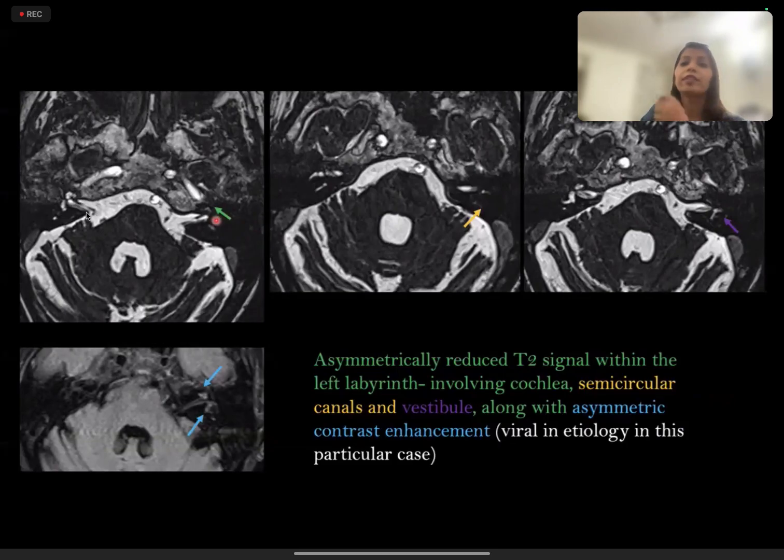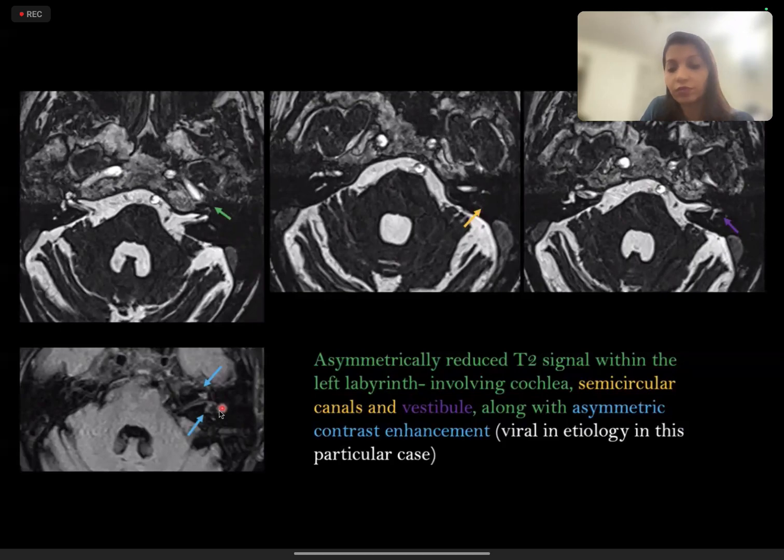If you look at the right side, which is the normal side, the normal high T2 signal of the cochlea is absent here, and it's replaced by low T2 signal. On the second image, there's reduced T2 signal within the semicircular canal. This is the posterior semicircular canal. This is the normal one on the right side, and this is the abnormal one on the left side, where the normal high T2 signal is replaced by low T2 signal. And on the third one, there is relatively low signal within the vestibule as well. And on the contrast scan, we are seeing enhancement of these structures.